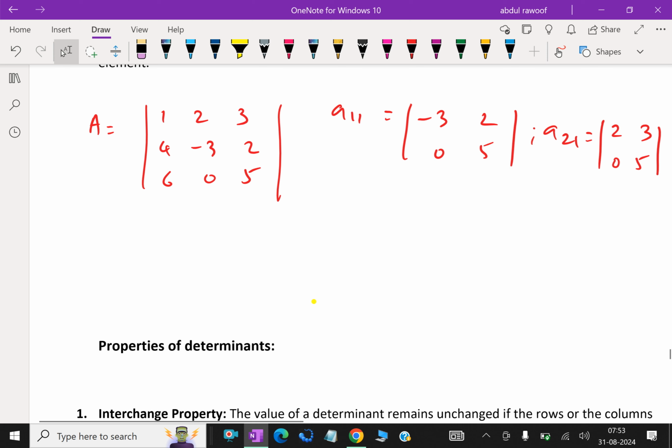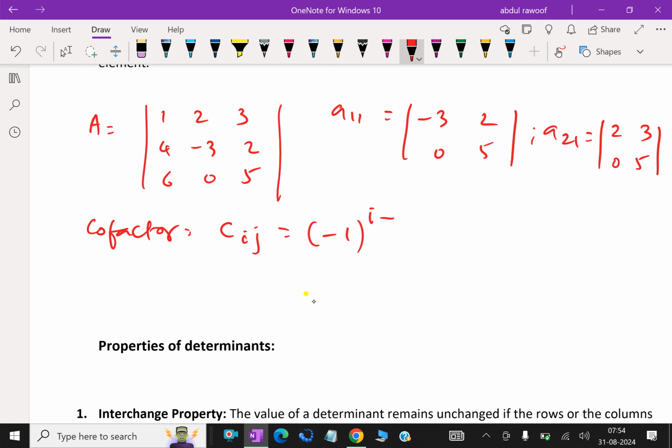What is the cofactor? The cofactor matrix rule is: Cij is minus 1 to the power i plus j times the minor Mij. For example, we have to find the cofactor of this minor.